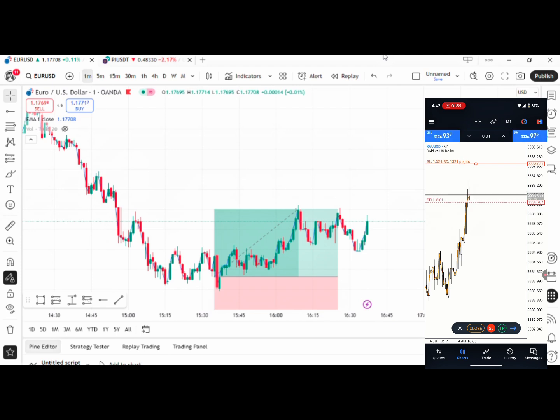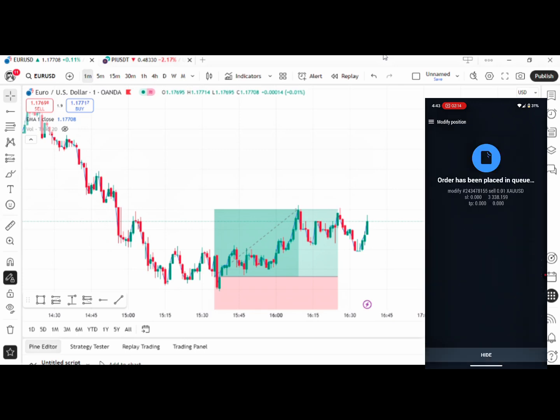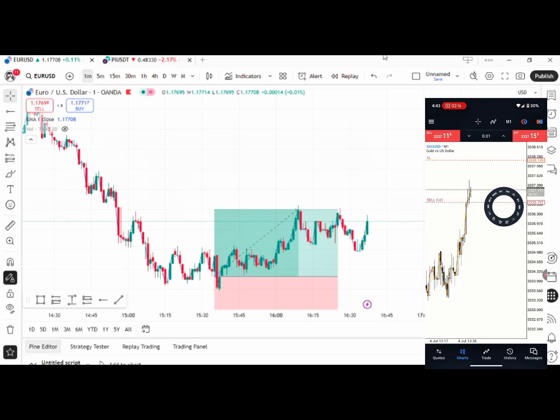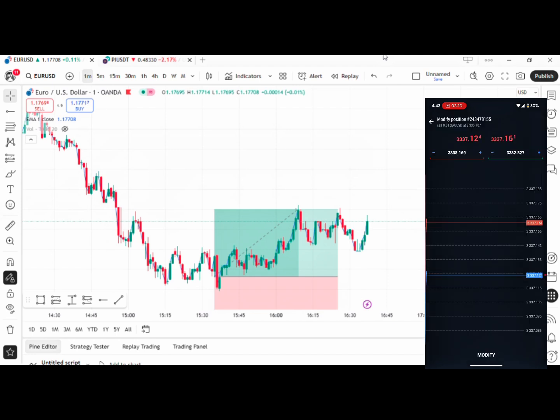Also for gold, yesterday I talked about EURUSD's points, where you divide the points by 10 to give you pips. For gold, you divide the points by 100. Then you tap on the arrow, modify. Simple. If you want the take profit, tap on the trade, take profit, drag to your desired level.